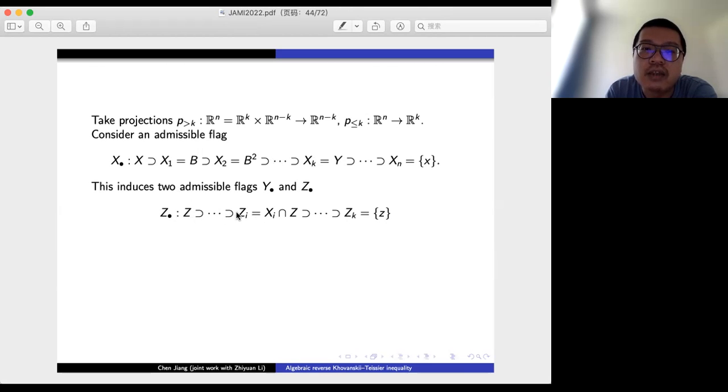So here Zi is just the intersection of Xi with C, but for Zk we just take one point. Okay, so then we have three flags.